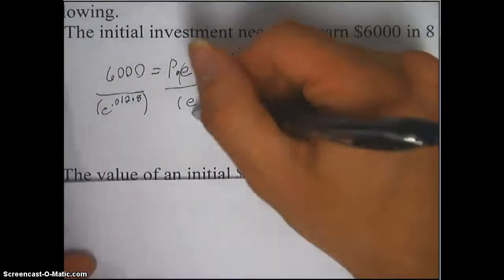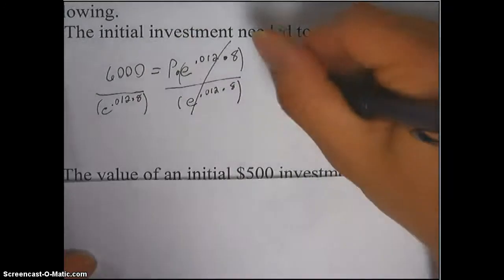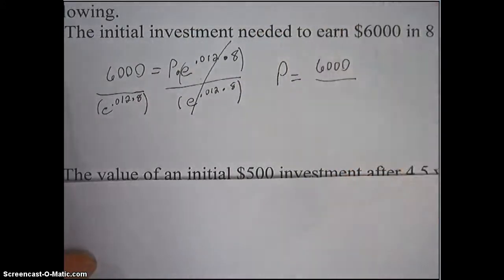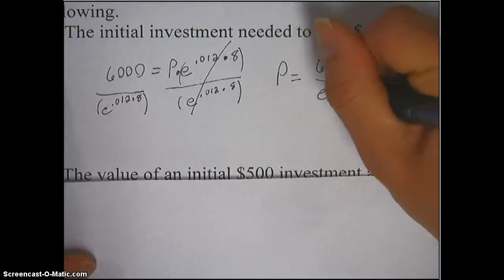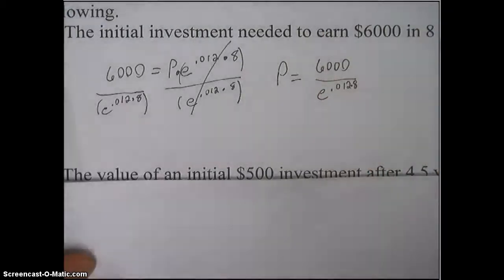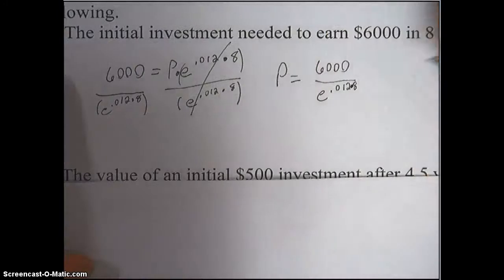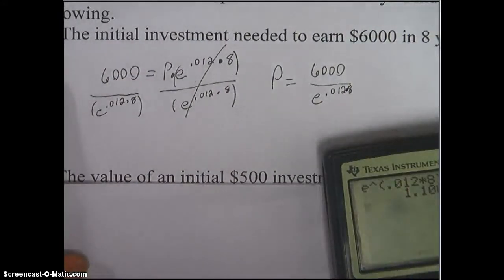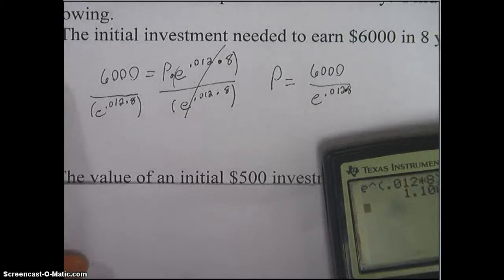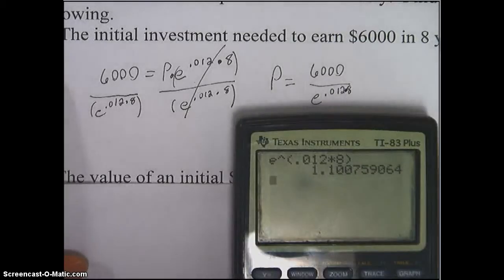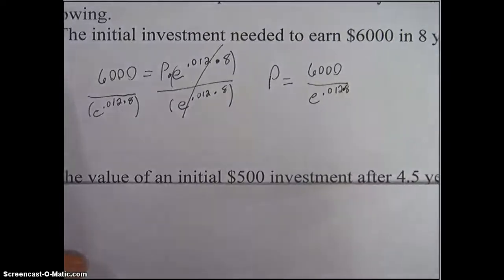And when I do that, these will cancel out, leaving me with P equals $6,000 divided by e to the 0.012 times 8. That's a multiplication sign right there. Now I have that denominator right here, and what I want to do is divide 6,000 by it. So that's what I'm going to do next.